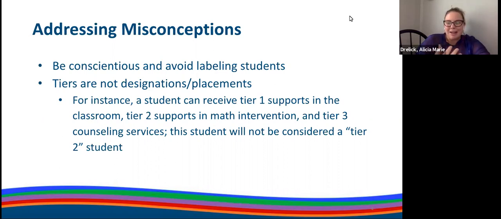For example, we would not call a student a tier 2 student if they are receiving tier 2 interventions. They are simply students who are receiving those interventions. So we want to be mindful about this not leading to labeling. Multi-tiered supports are a system that's put in place that should be dismantling labels. So again, we're providing students with support without the need for labels.